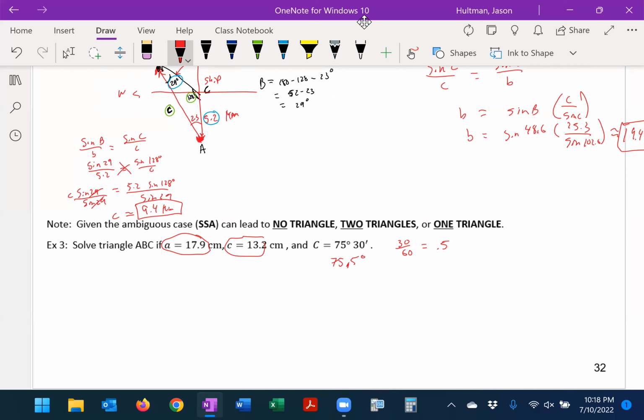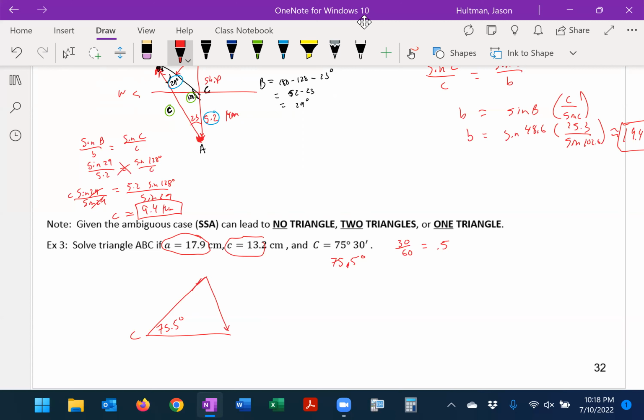Okay, so if we draw a triangle, we know that the angle is 75.5 degrees. I'm going to call that angle C, and then side c is 13.2. The only problem is that we don't know where it's going to intersect.